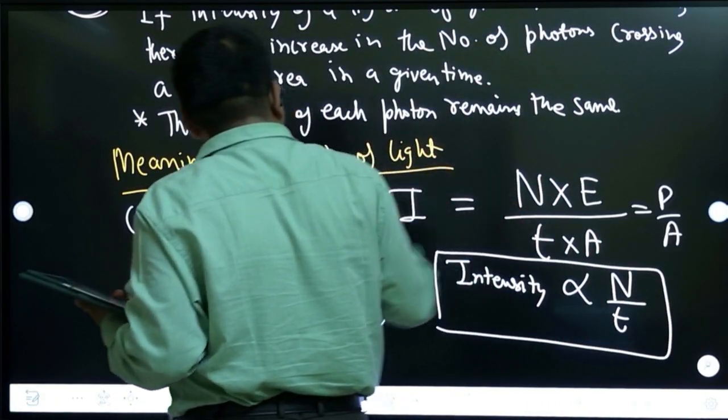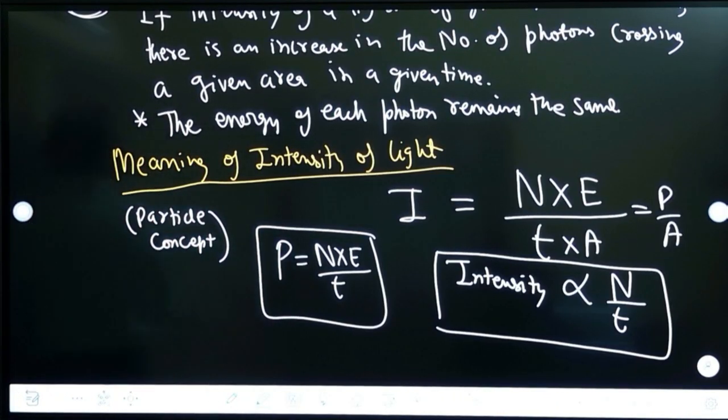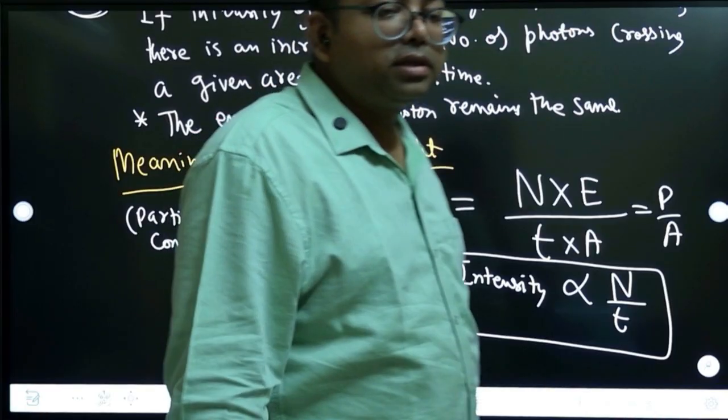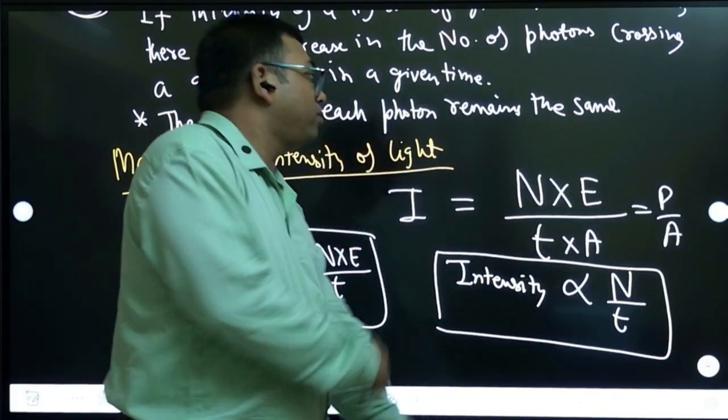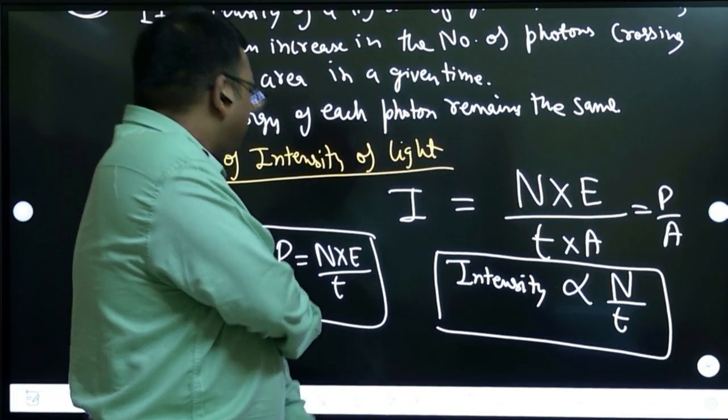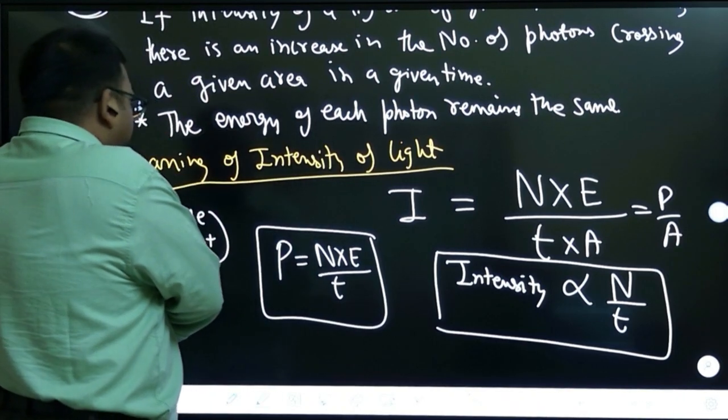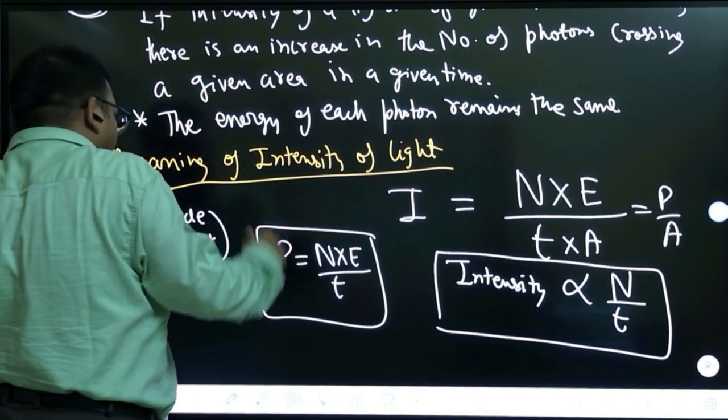Now you may say that the energy of a photon can also change, so intensity can also change. No, here intensity does not depend on energy. You can see this formula depends on energy, but in this chapter, the term intensity of light is different.